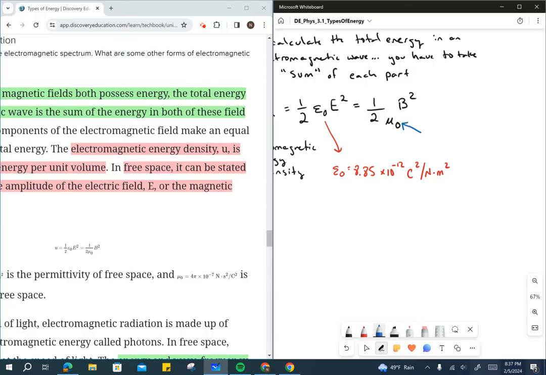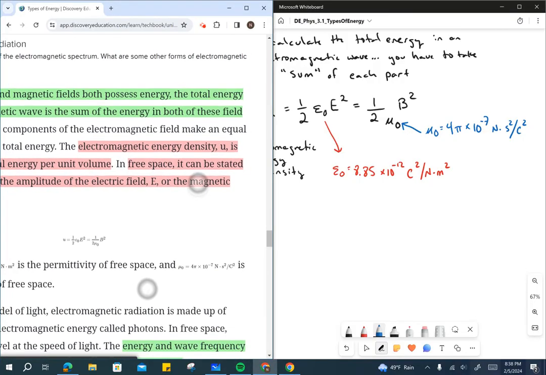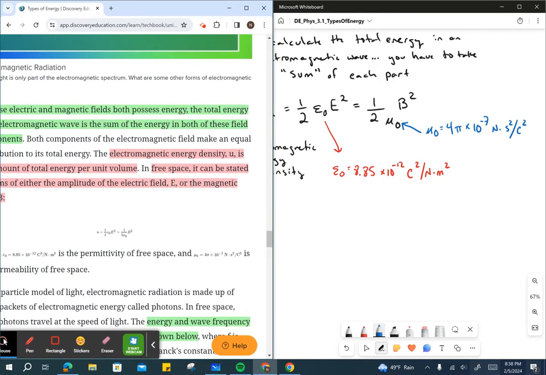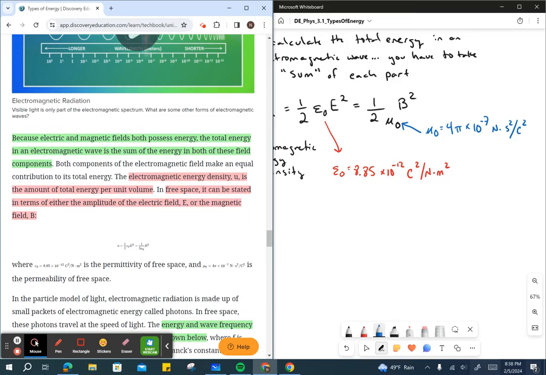Mu 0 is equal to 4 pi times 10 to the negative 7 newtons times seconds squared divided by coulombs squared.